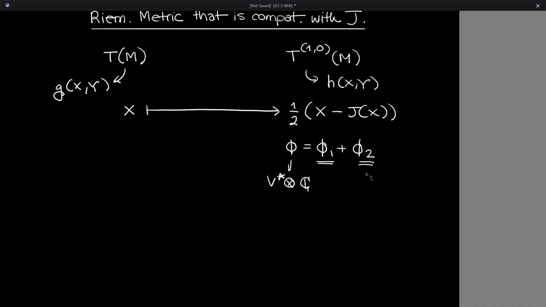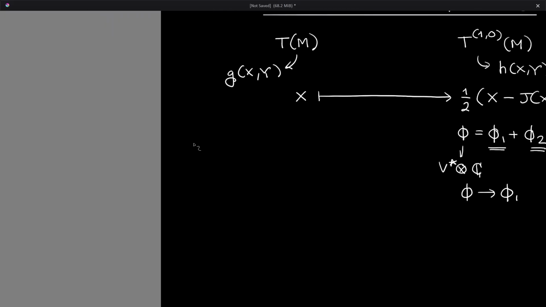So what we're doing is we're mapping phi to phi 1 in our case. We'd have to show that this is an isomorphism. We're not going to do that, but what we are going to do is define g of x, y as the real part of h of x, y.